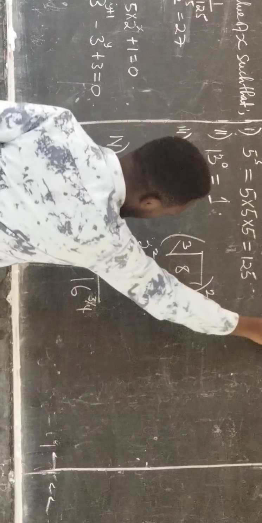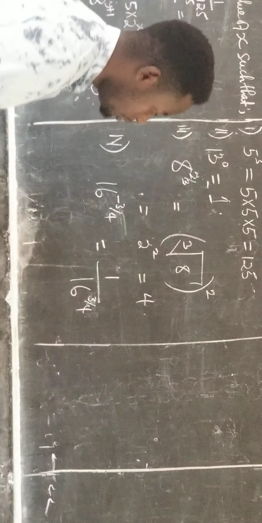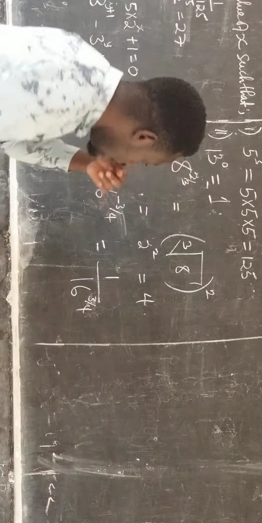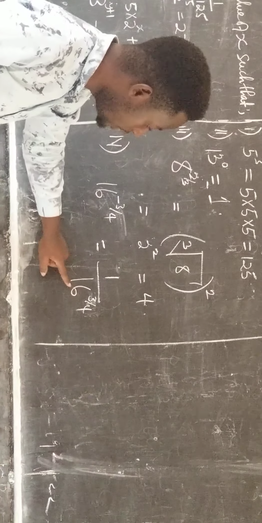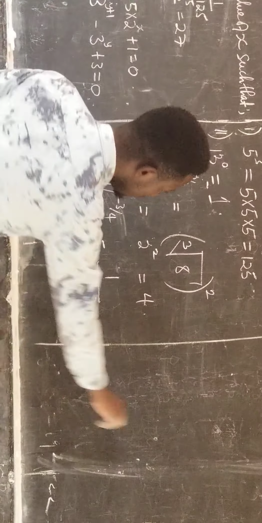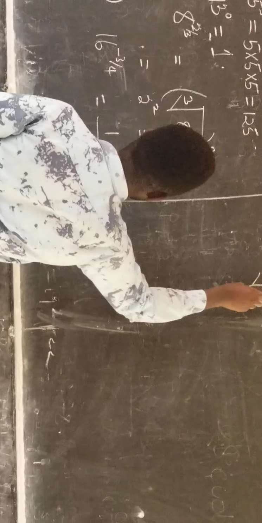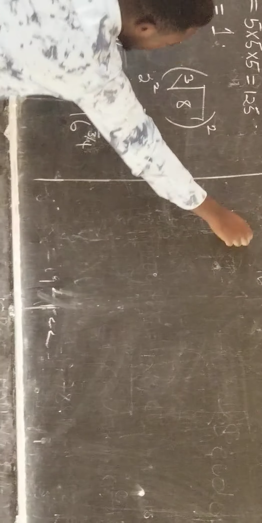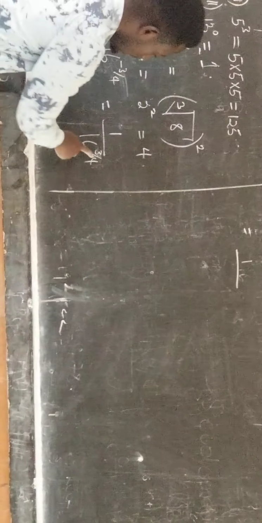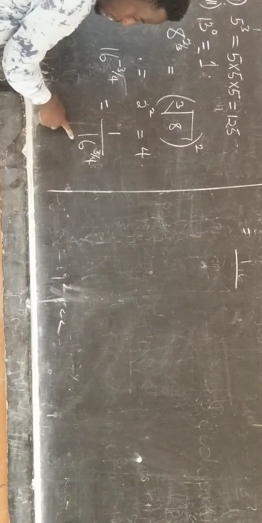The negative disappears because its meaning is the reciprocal. So what we have now is the fourth root of 16 power 3. The fourth root of 16 power 3.